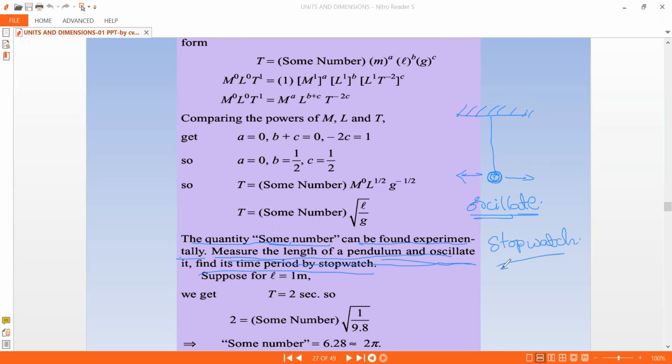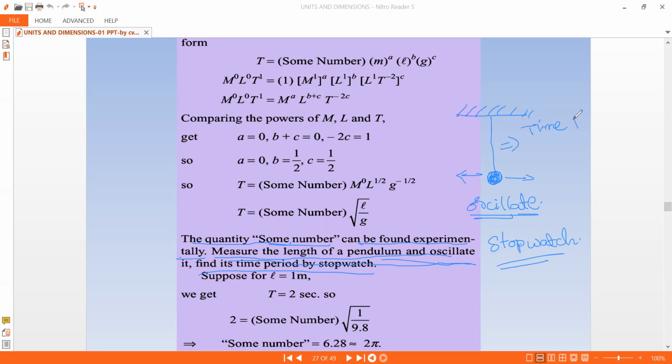When you do that, you can understand that it doesn't matter what the weight of the bob is. That's the beauty of this particular experiment. The time period of the simple pendulum does not depend upon the mass of the bob. That's very important, and it's experimentally proved also.